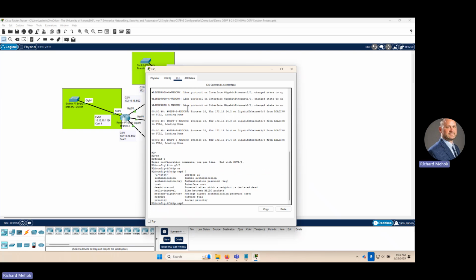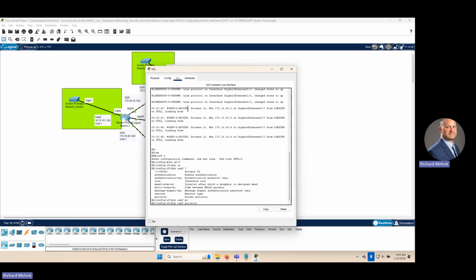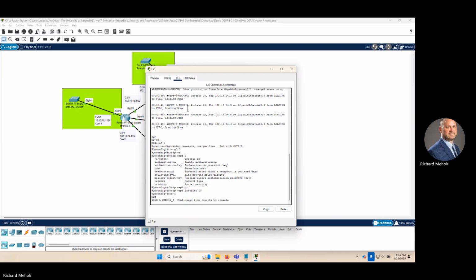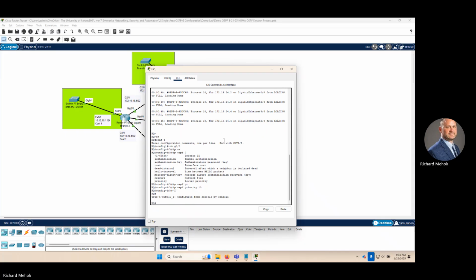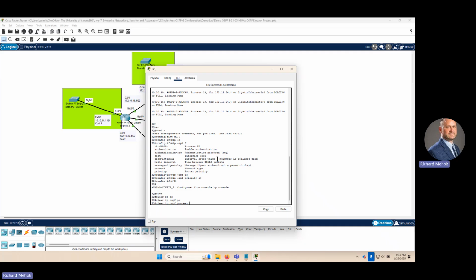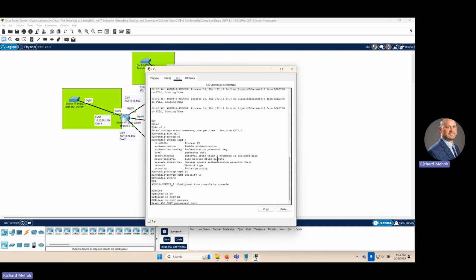So I did ip ospf question mark, and then I do priority, and I'll make it 10. So let's clear processes. So clear ip ospf process. Yes.